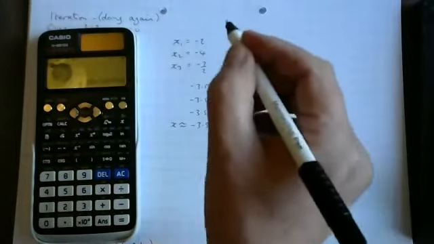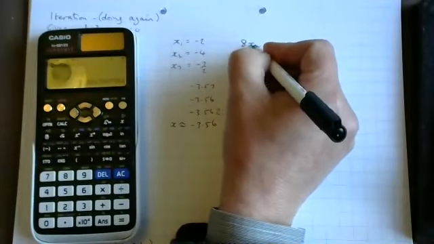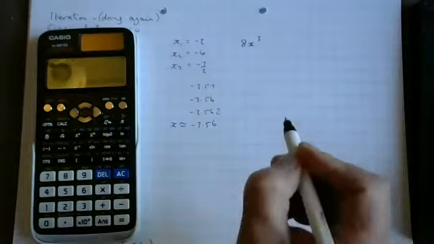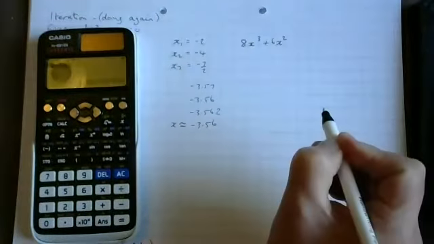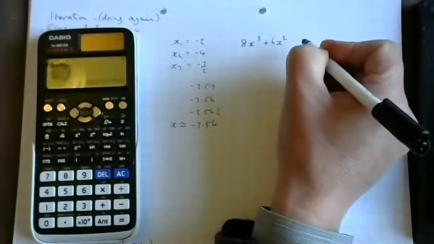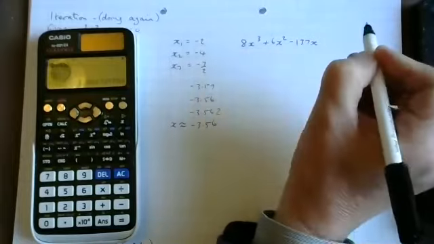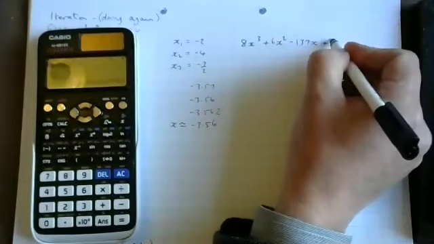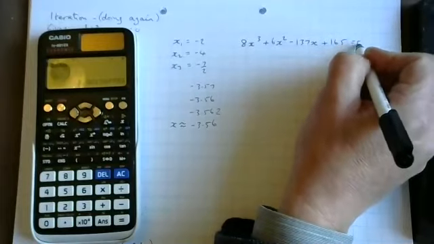8x cubed plus 6x squared minus 137x plus 165 equals 0. We want to solve that.